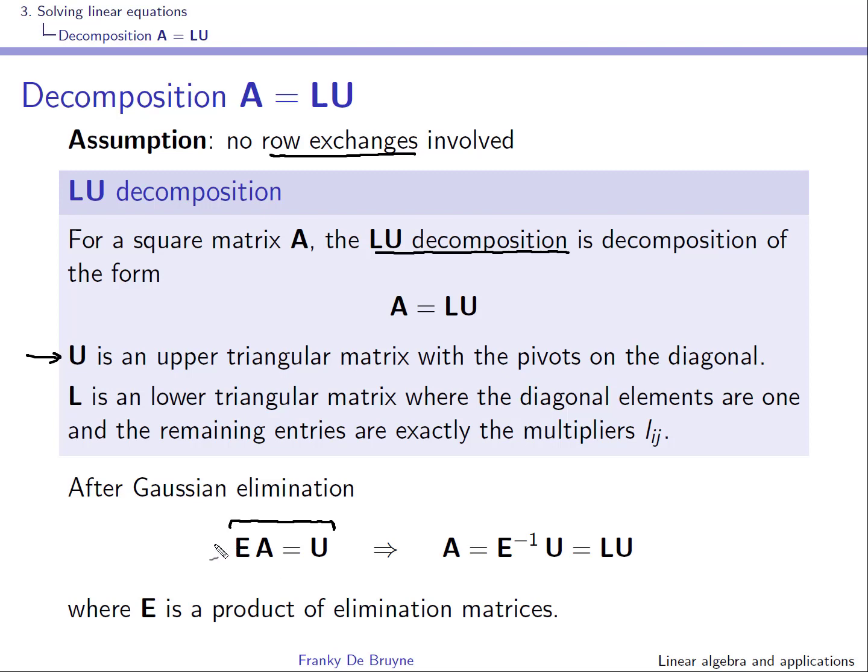If you pre-multiply this equation by E inverse, you have here the identity matrix. So you end up with this equation here, and the inverse of this matrix E, which is the product of the elimination matrices, is a matrix L, and we'll see that this matrix is lower triangular. That is very easy to construct from the multipliers.